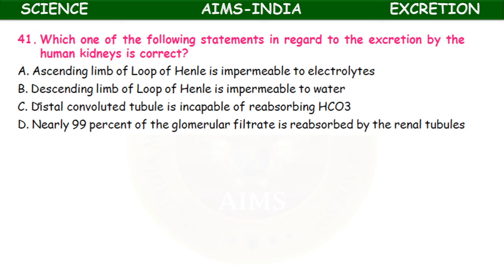The ascending limb of loop of Henle is impermeable to electrolytes. The descending limb of loop of Henle is impermeable to water. The distal convoluted tubule is incapable of reabsorbing bicarbonate HCO3. Nearly 99% of glomerular filtrate is reabsorbed by the renal tubules.